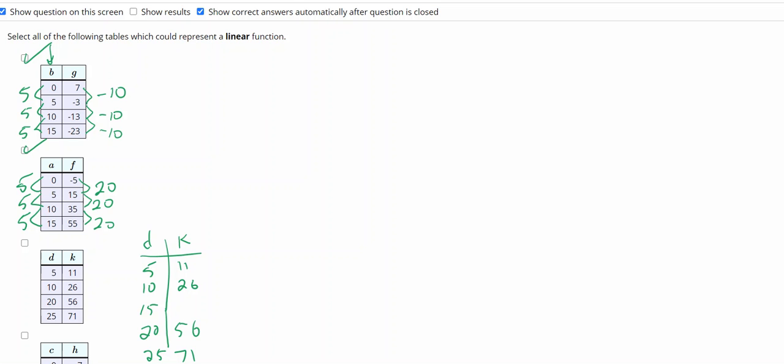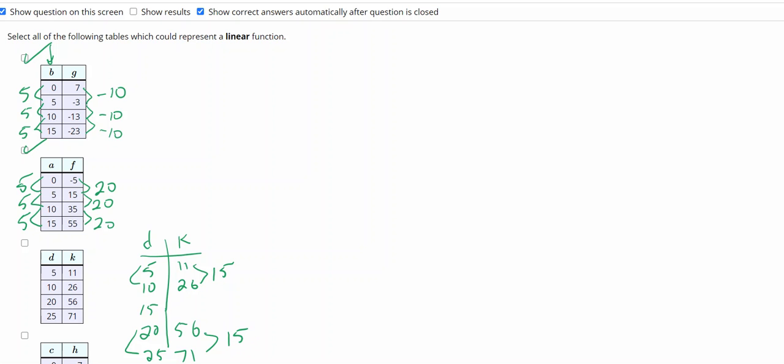Okay. So then this one was going up by 26 minus 11, right? So this one's going up by 15 every time. And if this one's going up by 15 every time, we're probably pretty good, because the inputs were going up by 5 each time. So 71 minus 56 to figure out what that's going up by. All right, so this is going up by 15 as well.